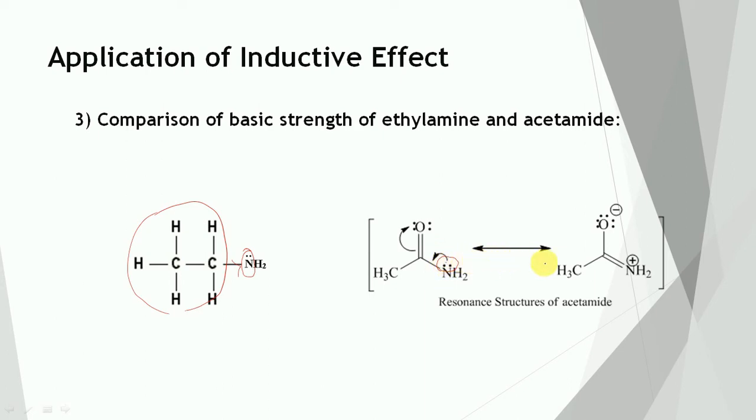It takes part in pi bond formation. So these are the two resonating structures of acetamide, and ultimately ethylamine has more basic strength in comparison to acetamide.